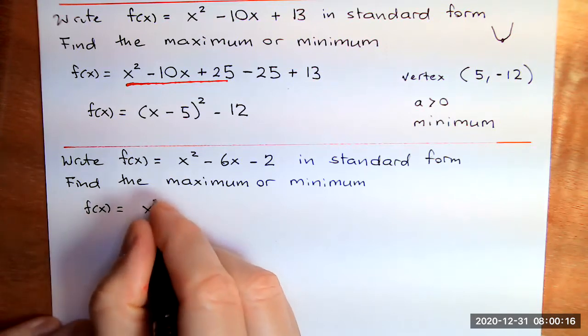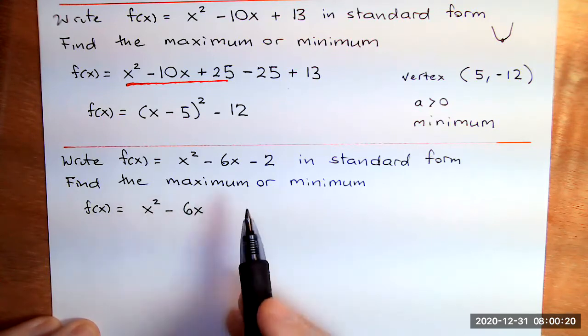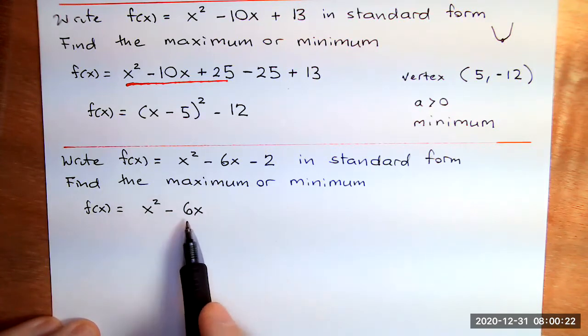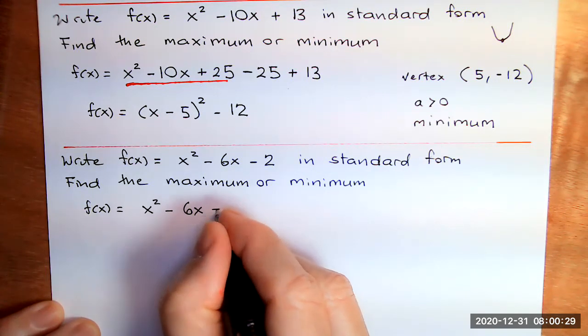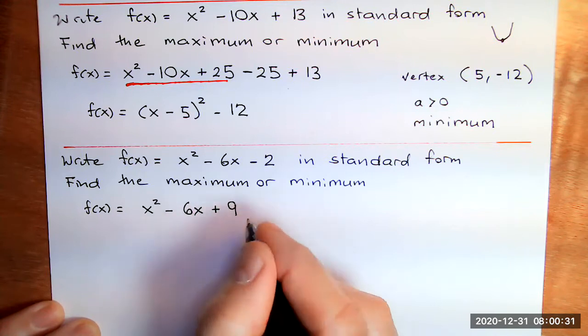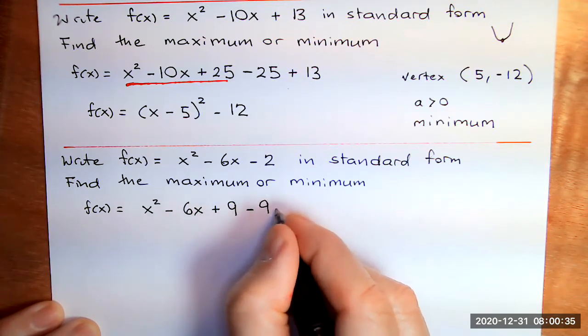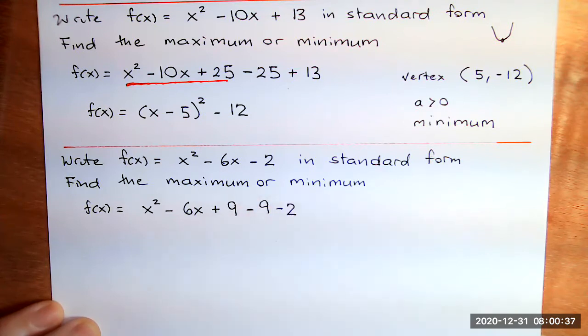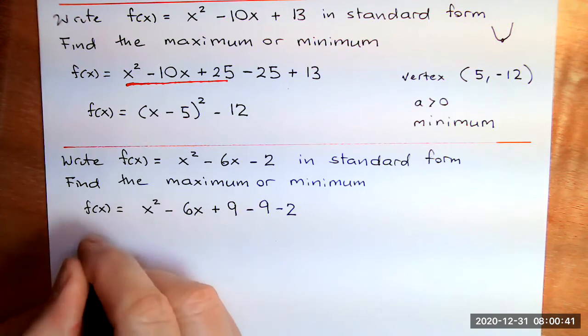So we take the first two terms and complete the square. So we take half of the middle term, which is negative 3, and square it. That'll be positive 9. Don't forget to add it and subtract it. So now we have our perfect square trinomial.